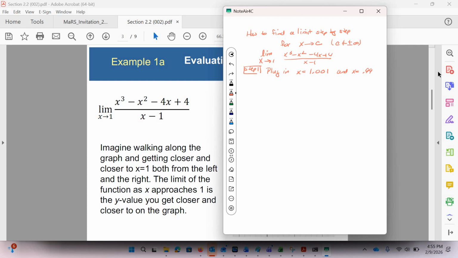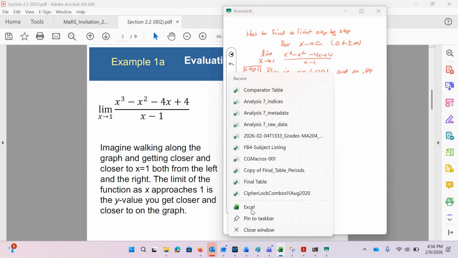Let's put 0.99. I'm lazy, so I'm going to just do it on a computer. You have a calculator, and you're pretty good at doing these things. I'm just going to put the y value over here, and I am going to use Excel.